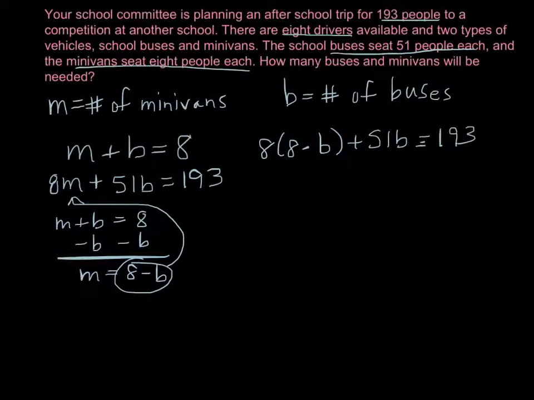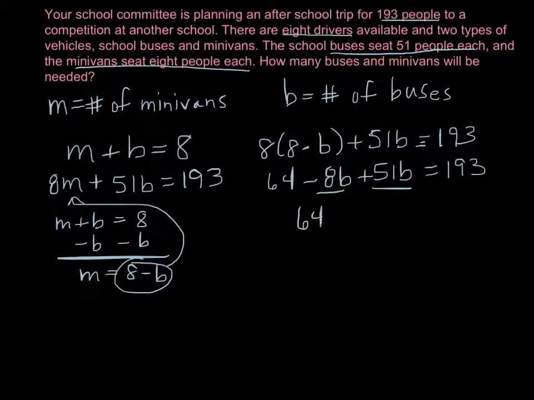Don't know if I'll be able to do this math in my head. We'll try to figure it out. Okay, so we have 64 minus 8b plus 51b equals 193. Now I'm going to add my b's together. So 51 minus 8, because that's really what I'm doing, negative 8 plus 51 is 43, I believe. 43b equals 193.